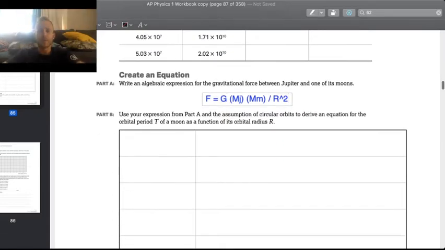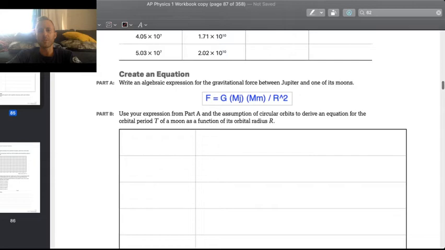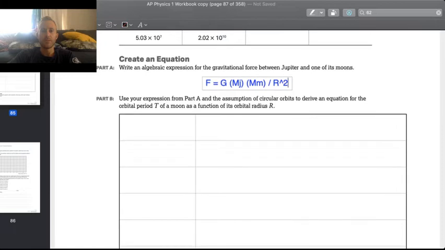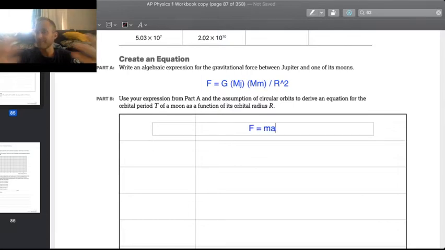Use your expression from part A and the assumption of circular orbits to derive an equation for the orbital period T of the moon as a function of its orbital radius. So what I would do is I would say net F equals ma. That's where everything starts.